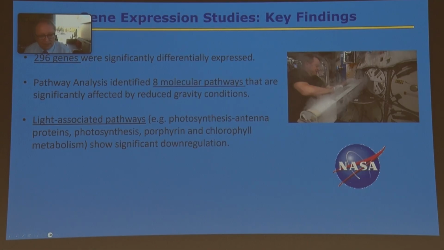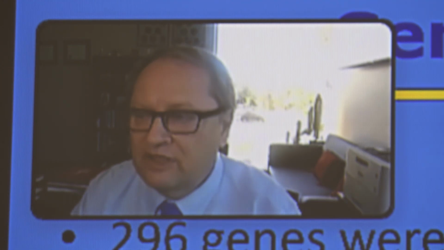The ones that I found particularly interesting are light-associated pathways. So photosynthesis antenna proteins, photosynthesis proteins, porphyrin and chlorophyll metabolism are significantly downregulated in microgravity.